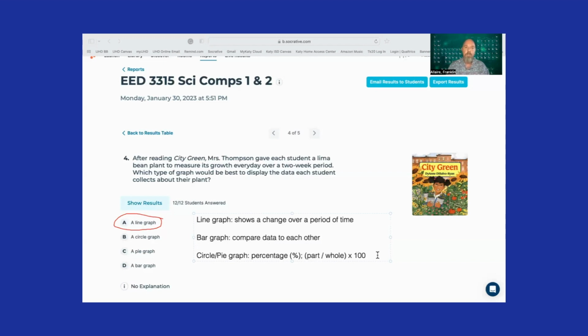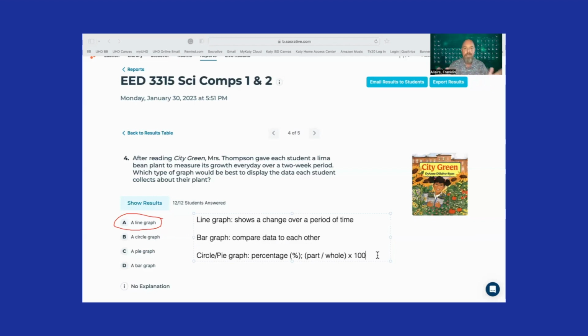So for instance, if you want to look at the ethnic breakdown of a district like Aldine or HISD, you would likely see it as a circle or a pie graph showing you the percentage of students who are Caucasian, who are Black or African American, who are Hispanic, who are Asian, and Asian usually gets all lumped in together, even though they could be Chinese, Filipino, they could be Indian, and so on.